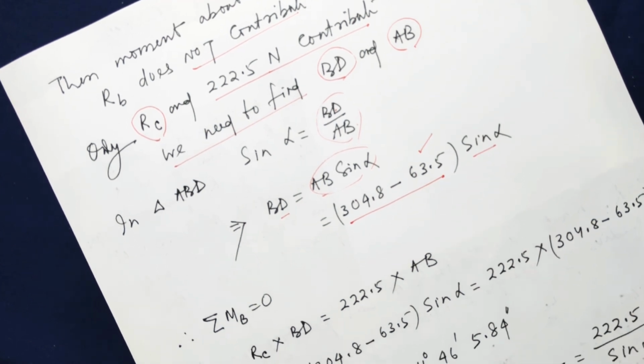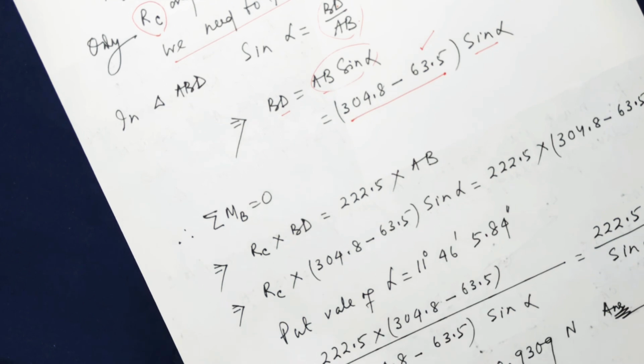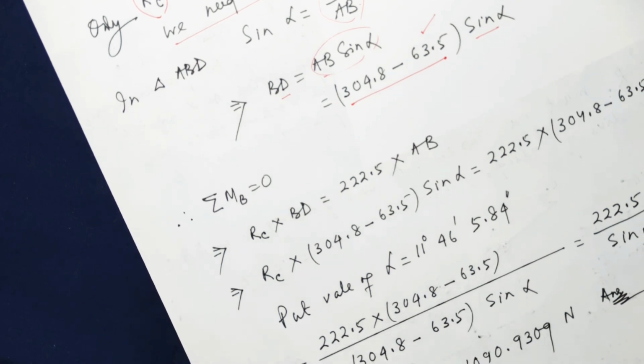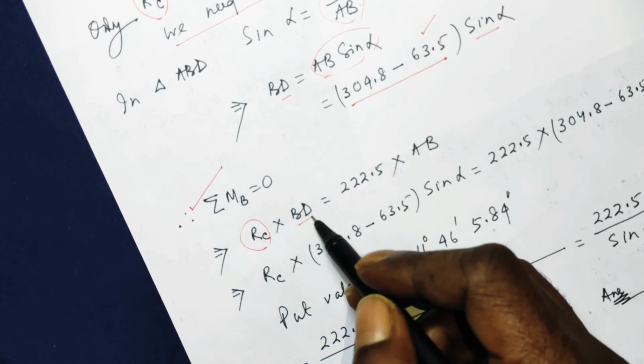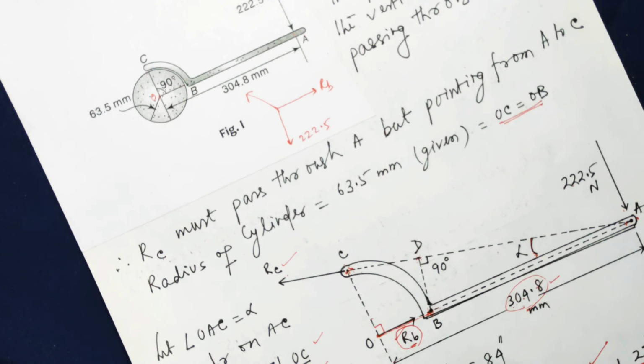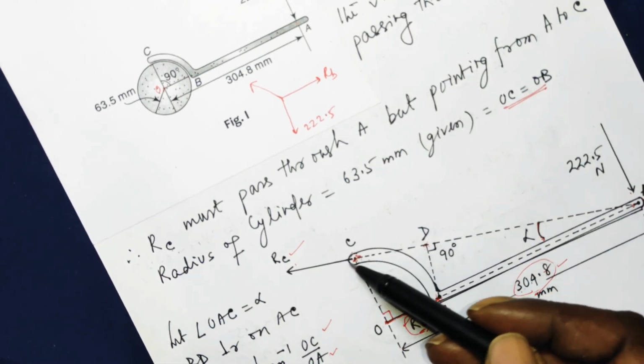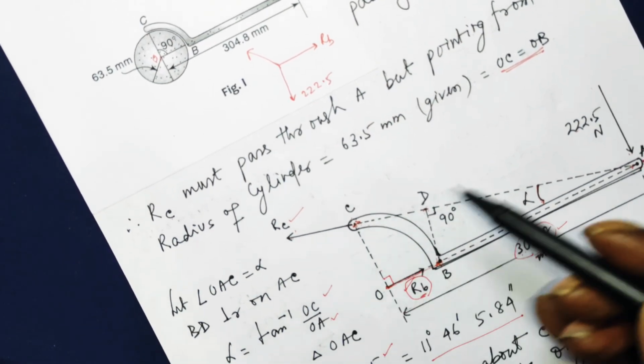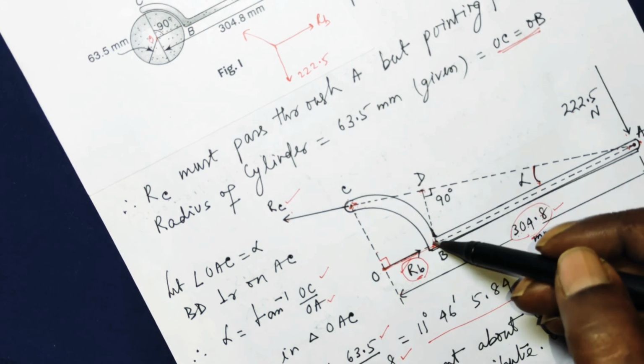Now take the sum of the moments about point B on equilibrium. RC times the perpendicular distance BD. Look, this is the direction of RC, and RC is at this perpendicular distance BD.